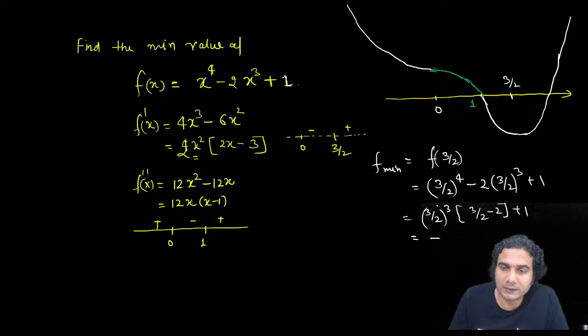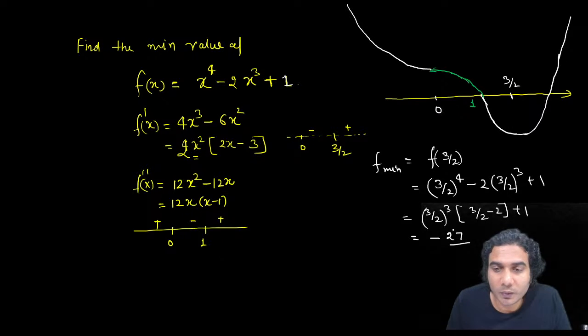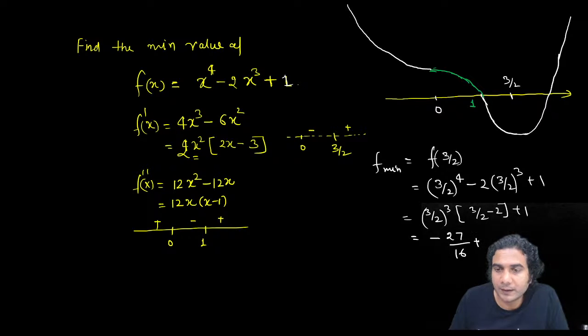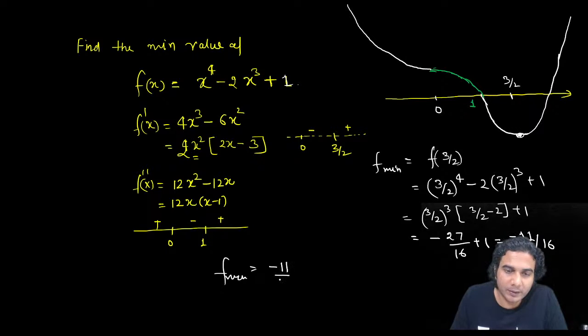So it's a negative value: minus of 3 cubed is 27, and 2 cubed times 2 is 16, so minus 27/16. Plus 1, finally this value is going to be minus 11 upon 16. So the least value, f minimum, is equal to minus 11 upon 16.